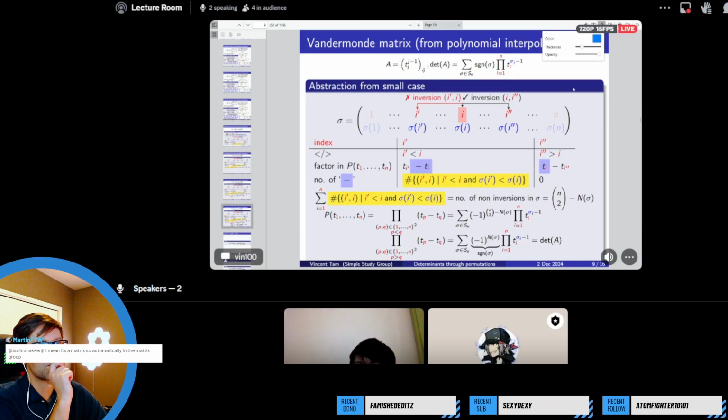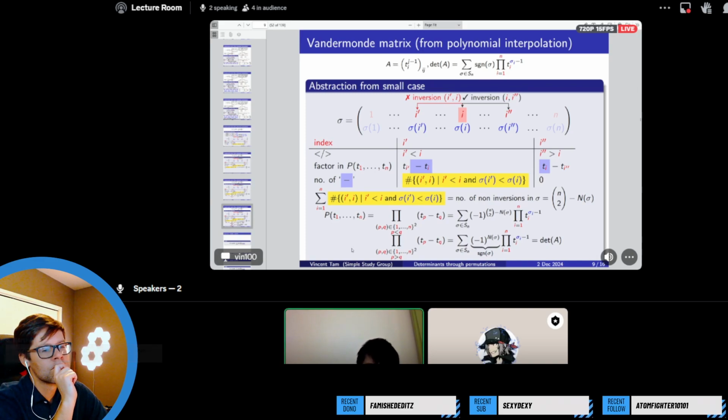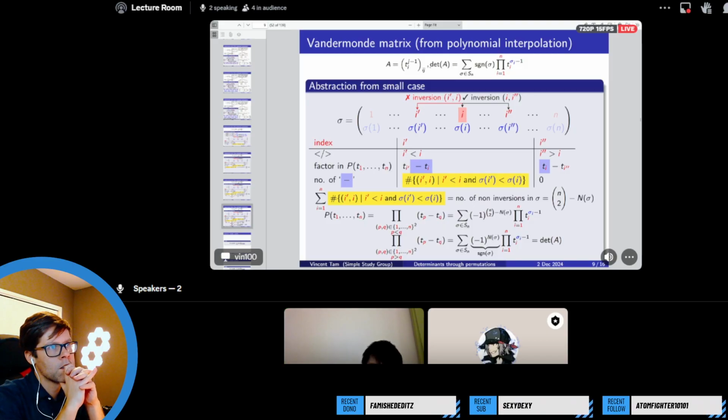That's bizarre. Never mind, just forget it. This is just to show that it's the Vandermonde polynomial from Tn minus 1 up to T1. This is a classic result, and it is just to show you that it's really difficult to use the definition of the determinant to make actual calculations.